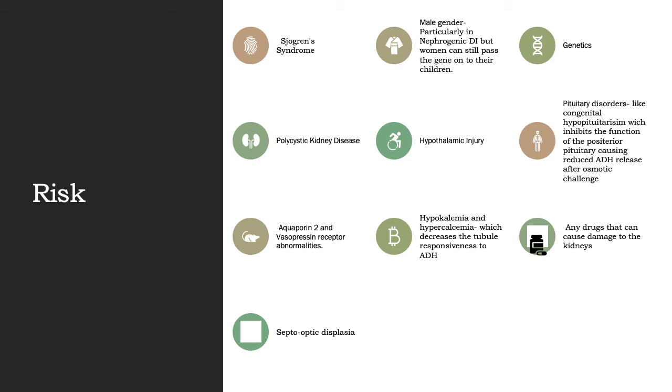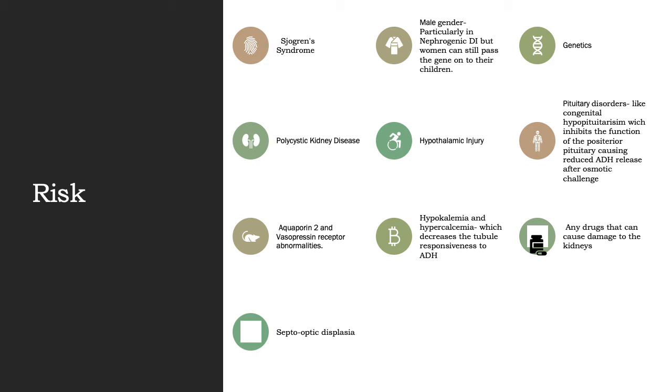Like Sjögren's syndrome, polycystic kidney disease, aquaporin 2 and vasopressin receptor abnormalities, and then also hypokalemia and hypercalcemia, which decrease the tubule responsiveness to ADH, and then male gender, specifically for nephrogenic diabetes insipidus, but women can still pass their gene onto their children, and any drugs that damage the kidneys.